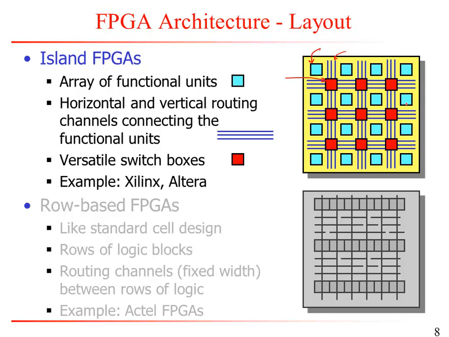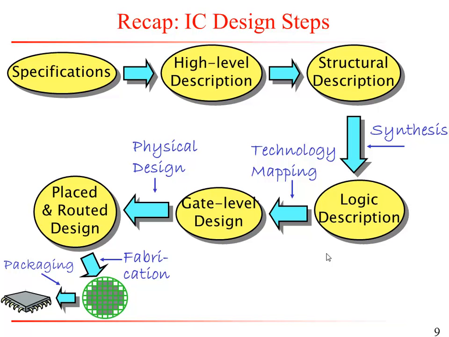But this is essentially the basic principle of all the FPGAs. And these are the Xilinx and Altera versions. Of course, here I'm showing you a flat hierarchy, but it could be hierarchical as well. But again, I'll talk about those later. And in Actel chips, they basically adopted something similar to the ASIC, but since they're not that popular, I'm not going to talk about that part.